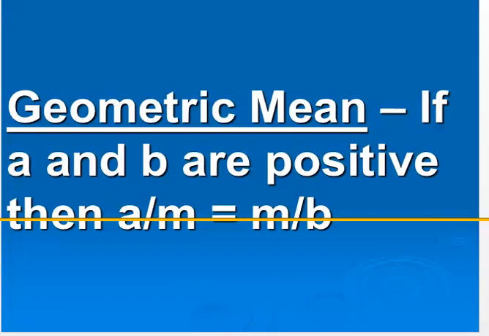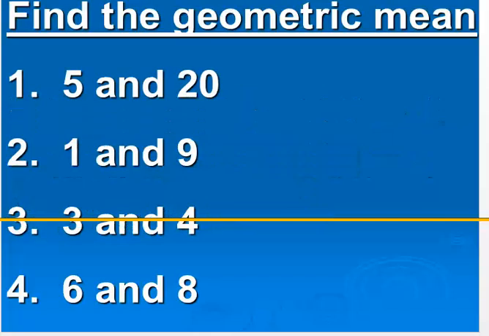The other thing we're going to do with this section is find the geometric mean. If A and B are positive, then to find the geometric mean, we'll call that M. We take the number A over M is equal to our geometric mean M over B. For example, if we have the numbers 5 and 20, then 5 over the geometric mean equals the geometric mean over 20.